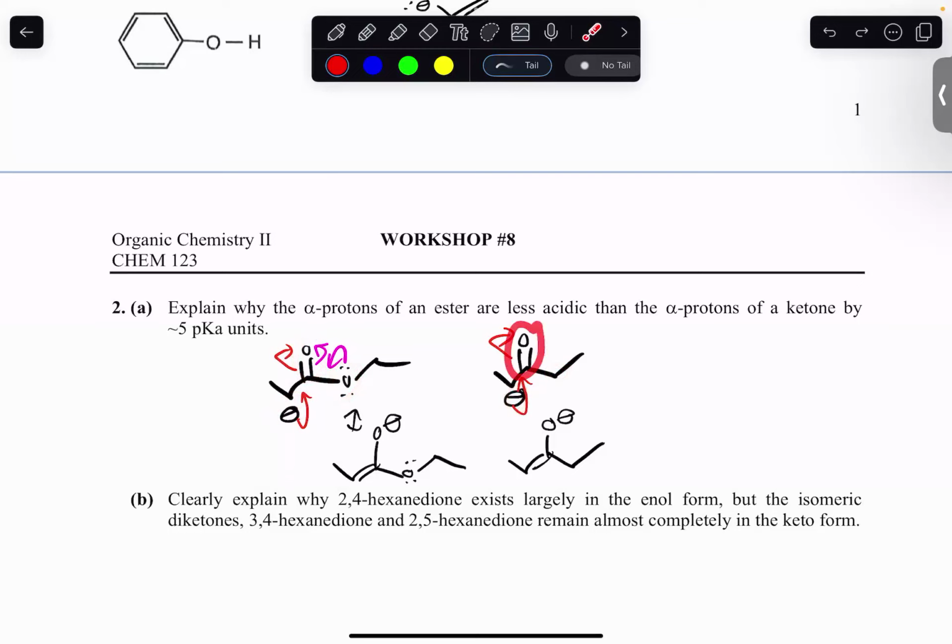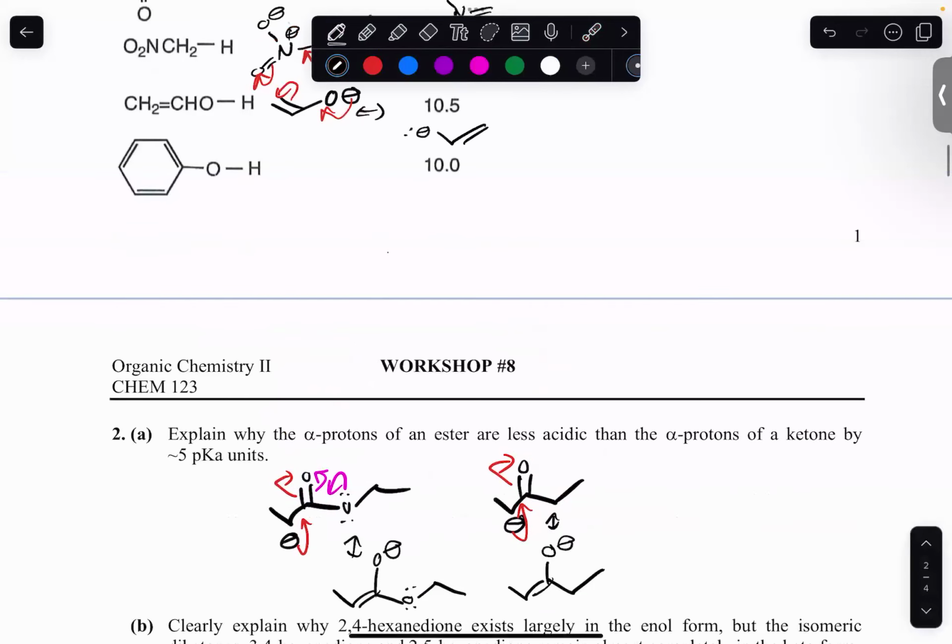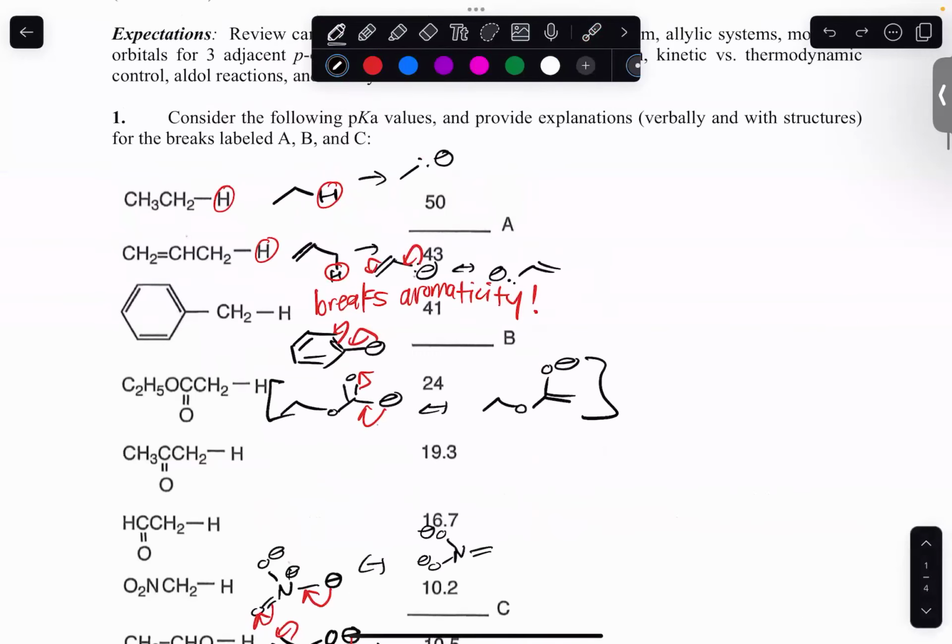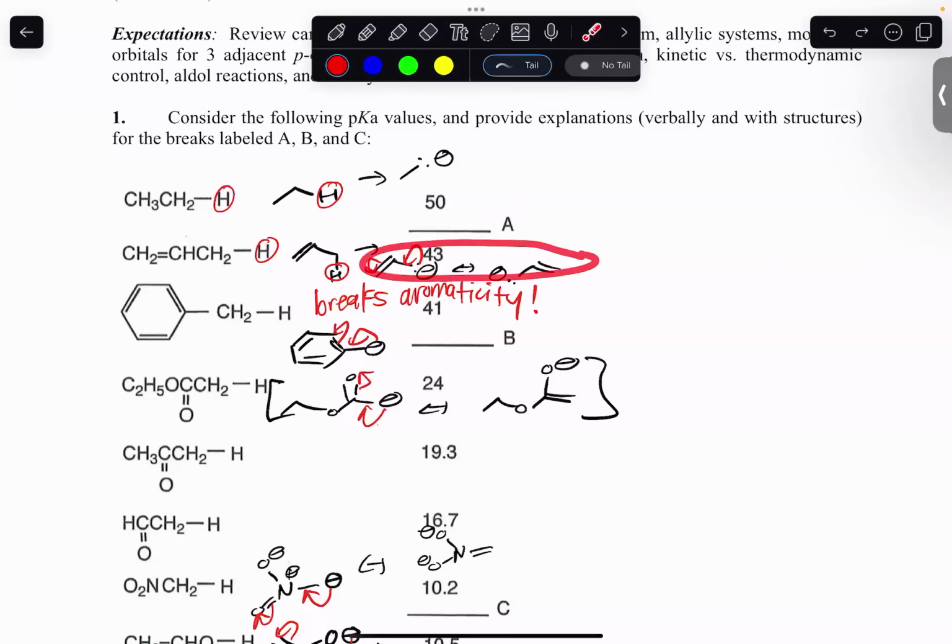So does that mean in general, if something has more resonance structures, it's less stable than something that has less resonance? Not always the case, but it depends on what the system is. For example, in A, this one here had more resonance structures and it was more stable than this one with no resonance at all.